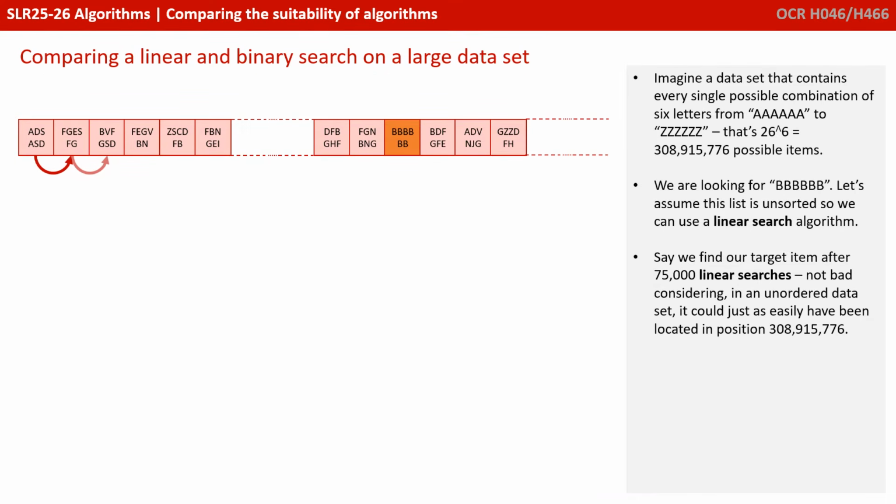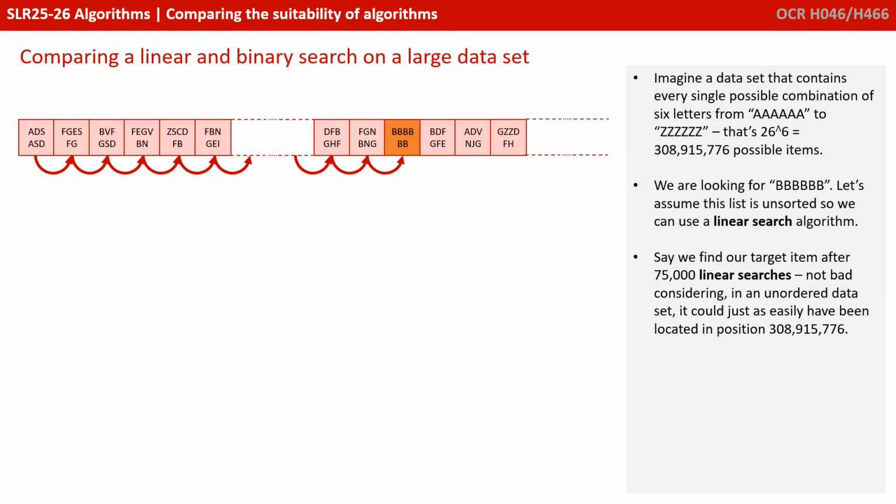Let's imagine a data set that contains every single possible combination of 6 letters from A through to ZZZ. So that's over 300 million possible combinations. We're going to look for a string of 6 Bs. Let's assume this list is unsorted, so we can use a linear search without any issues. Not that it would matter, we could use it on a sorted version too, but that's our starting assumption.